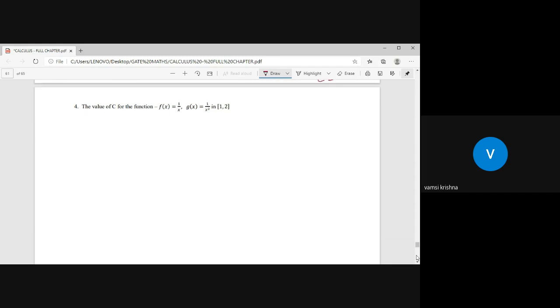Sir, Cauchy's theorem we can easily identify because there will be two functions: f of x is 1 by x and g of x is 1 by x square. Yes, both are available.